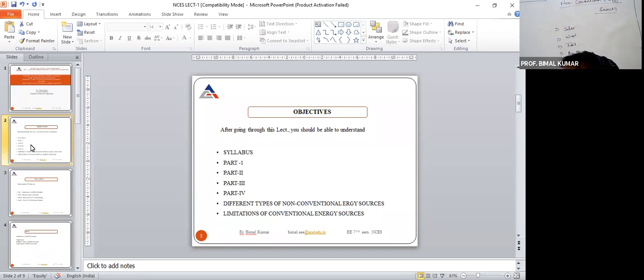That means either we will have to find some more sources of electrical energy, or the second option is that we will have to shift towards the non-conventional sources of electrical energy.